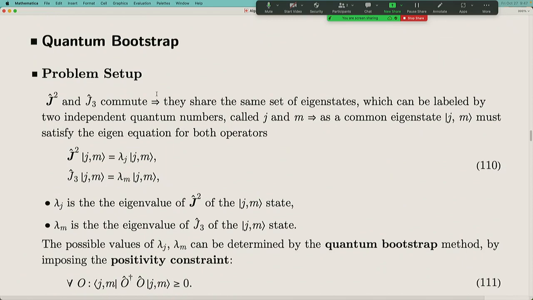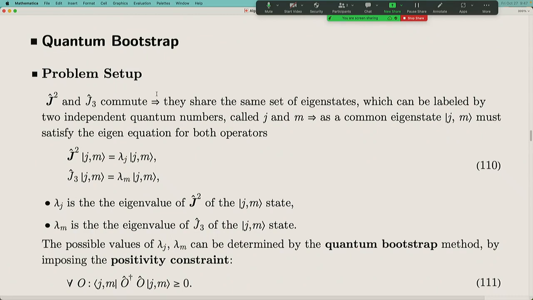The problem setup is that J square and J3, because they commute, share the same set of eigenstates, which can be labeled by two independent quantum numbers, J and little m, denoted like this. So I have a set of eigenstates, and J square acting on the eigenstate gives you the same state with a scaling factor.